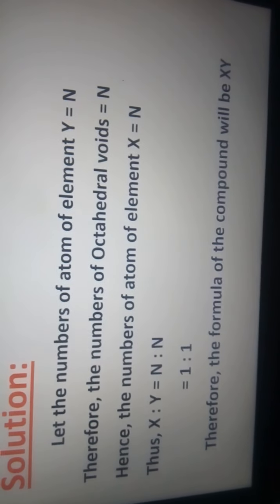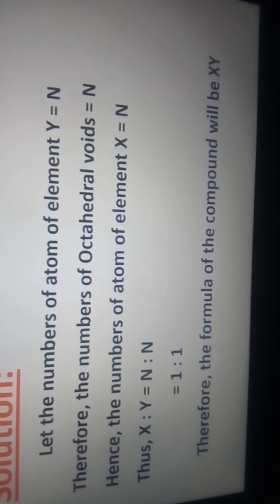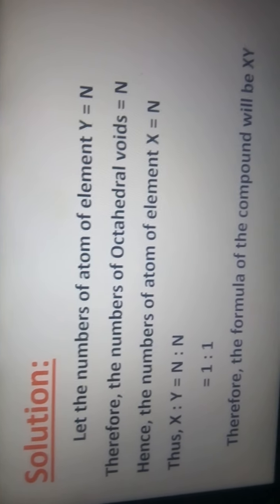So X we have to write first, that is the cation, followed by Y. So this will be the formula of the compound, XY. This way we can determine the formula of a compound. So this is the solution of this problem, and from the study of the crystal lattice, that is, from the study of the number of atoms involved in the formation of a crystal, and from the study of the voids occupied by the atoms, we can find out the formula of a compound.